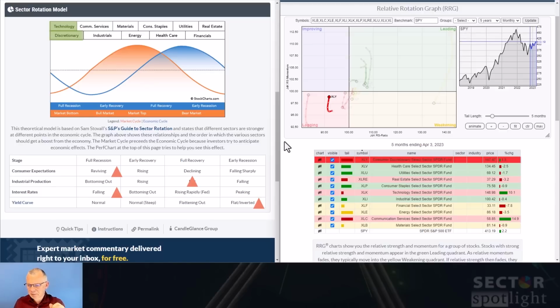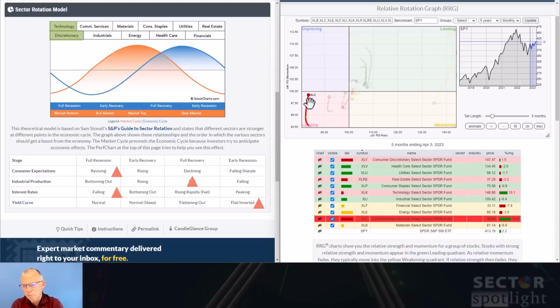And then when we go to communication services, it's inside lagging, but you see how long that tail is. It's definitely starting to pick up. If you look at the price chart, then XLC looks to be completing or close to completing a massive bottoming formation. So that's definitely on the way up and picking up momentum here.